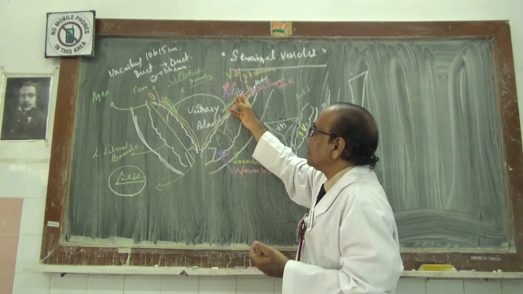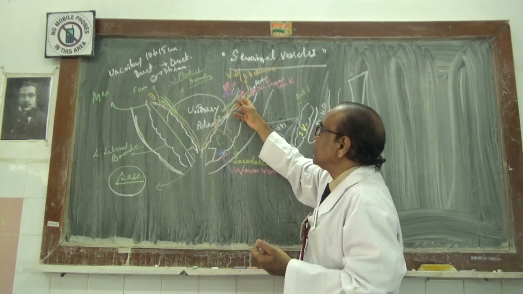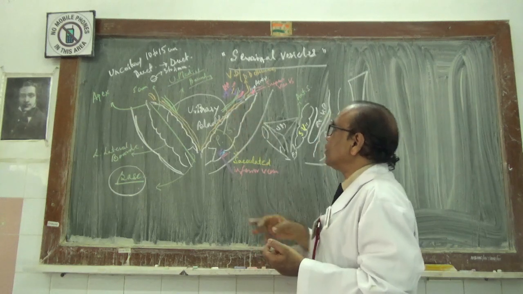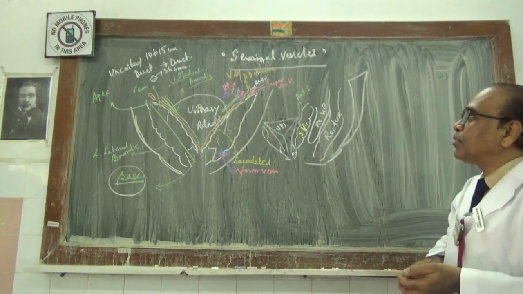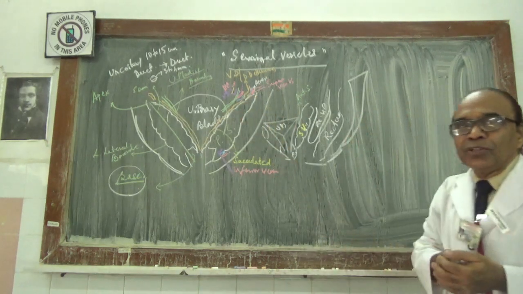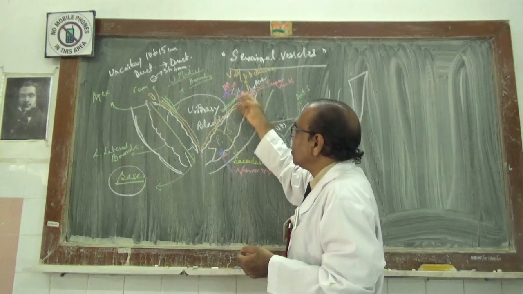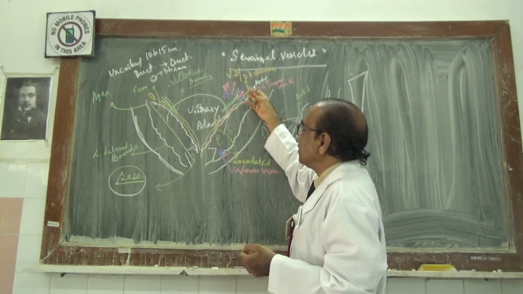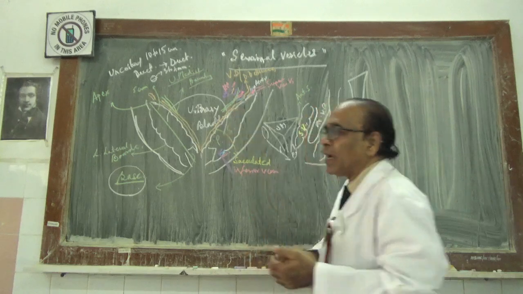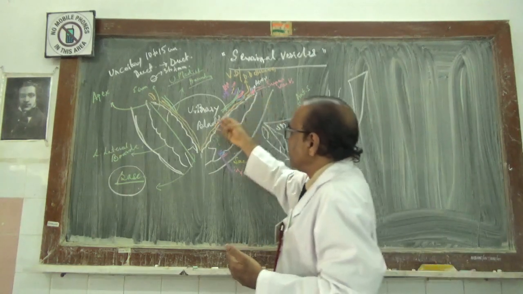ureteric arteries, ureteric veins, superior vesicular arteries, superior vesicular veins, lymph vessels, and then nerves, sympathetic and parasympathetic nerves, which are reaching not only the urinary bladder but also the ductus deferens and the pelvic part of the ureters.